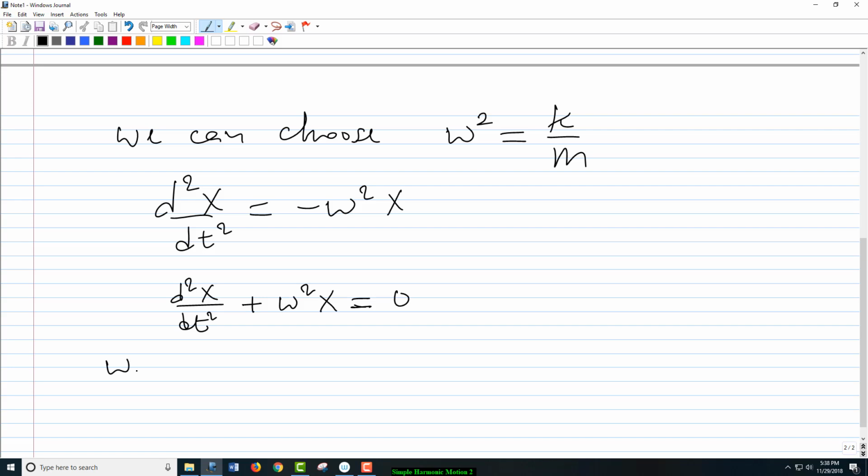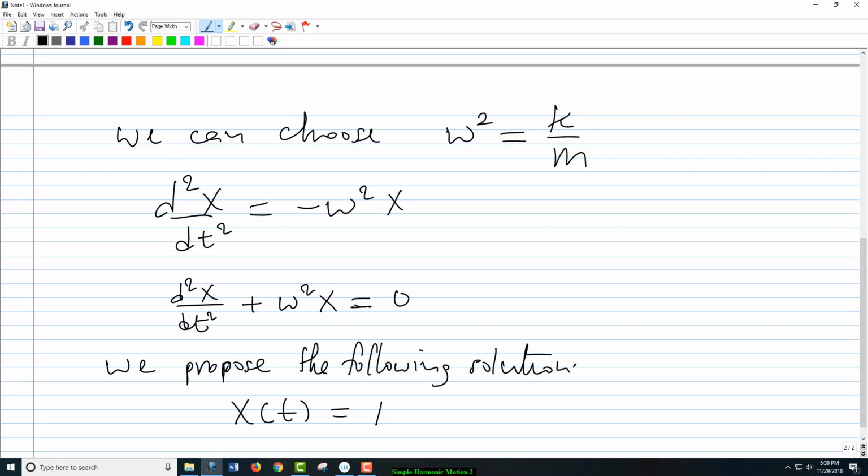So we can propose a solution as follows, where we can say that x of t is equal to A cosine omega t plus phi, and we can say A is the amplitude of the motion.